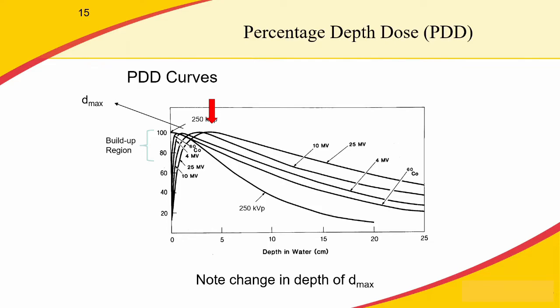What we see from these curves is typically there's a buildup region at the entrance where the dose builds up from an initial value up to Dmax, and then beyond Dmax, a near exponential fall off of the dose.